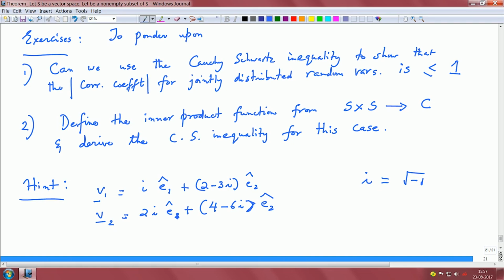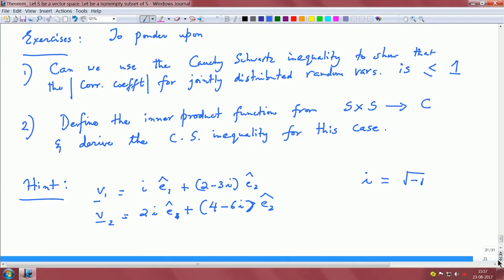So if you take the inner product, you will end up with some complex quantities here. So how would you fix your function, and what is this notion of inner product for vectors that can have complex entries? And with this definition I would want you to derive the Cauchy Schwartz inequality.